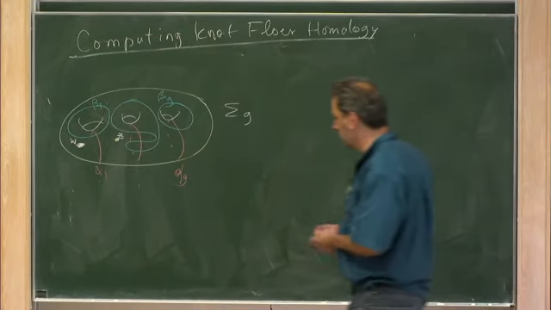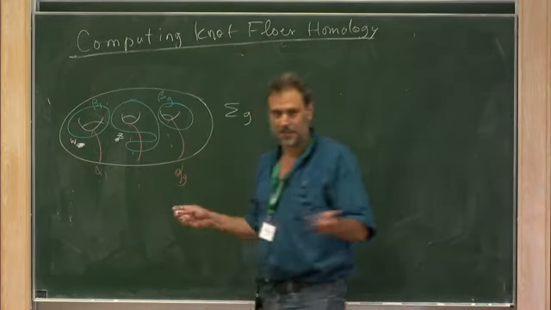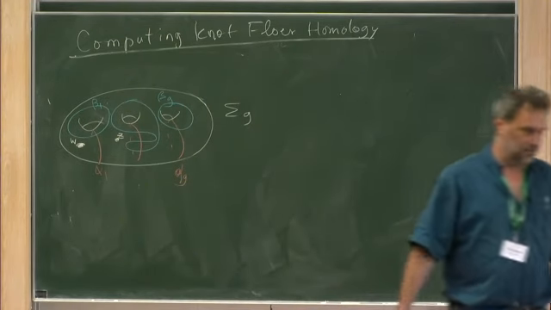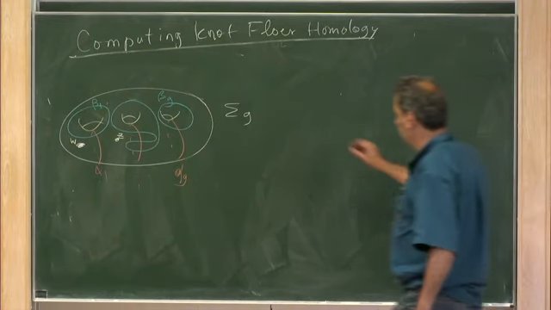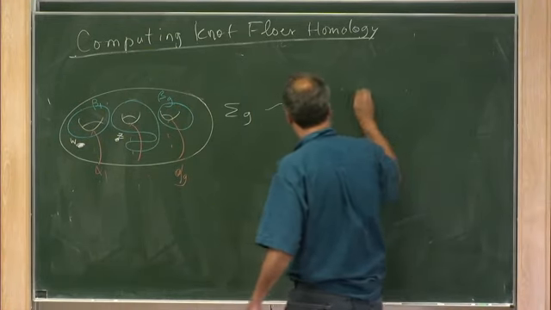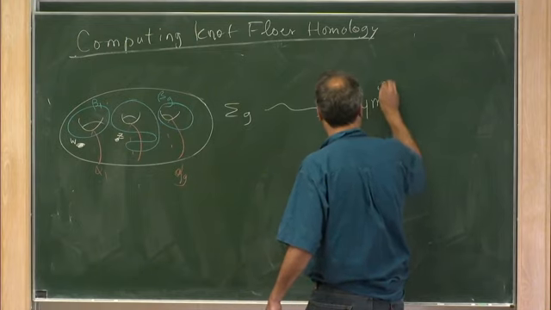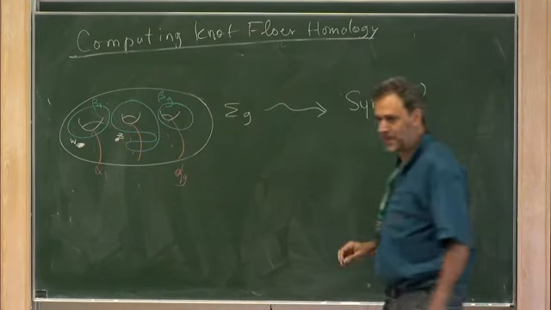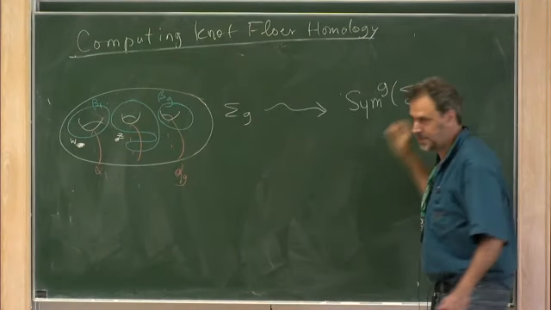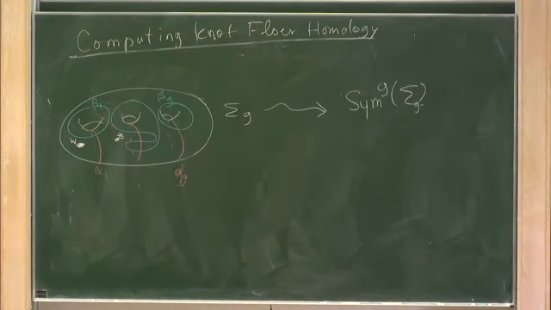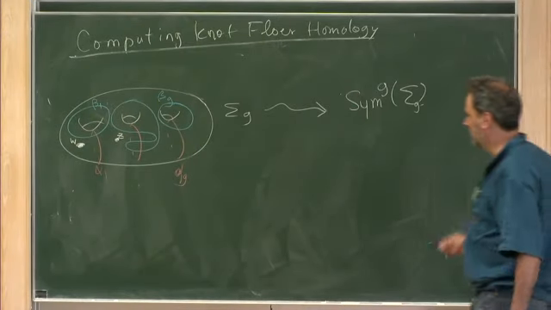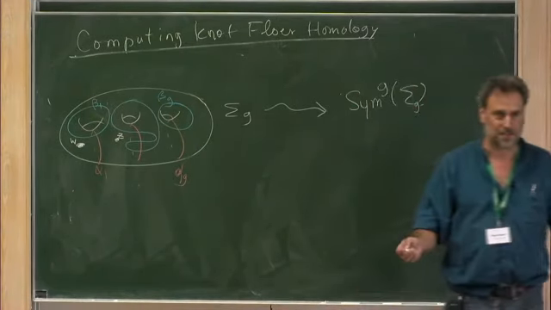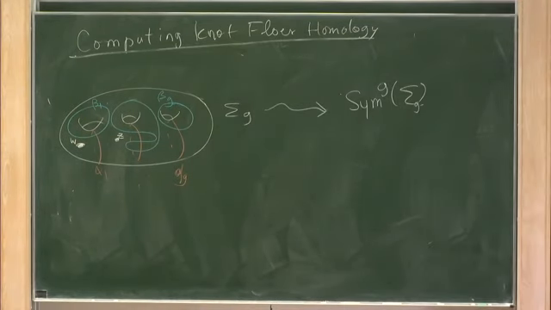Let me just say very quickly, to this extremely complicated low-dimensional situation, we're going to associate a much higher dimensional symplectic situation. We will look at the g-fold symmetric product of sigma. If you pick a complex structure on sigma, then Sym^g of sigma, the set of unordered g-tuples of points on sigma, is a smooth manifold.